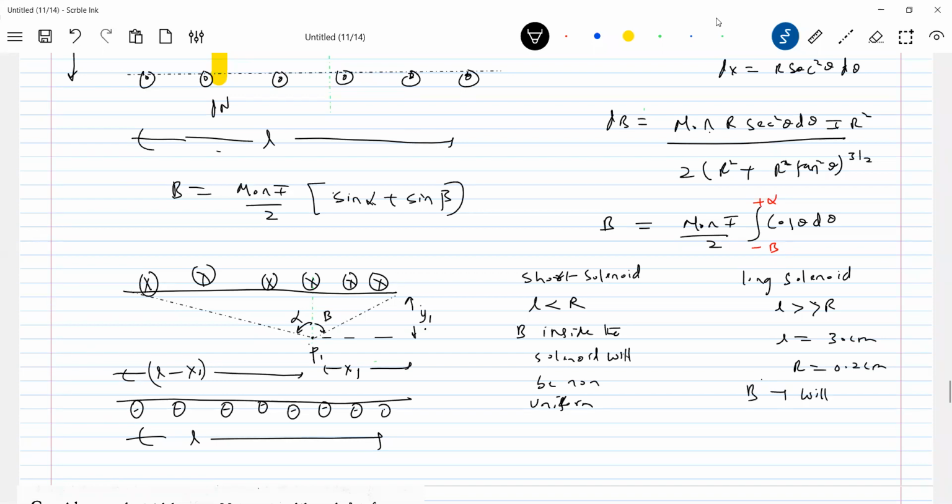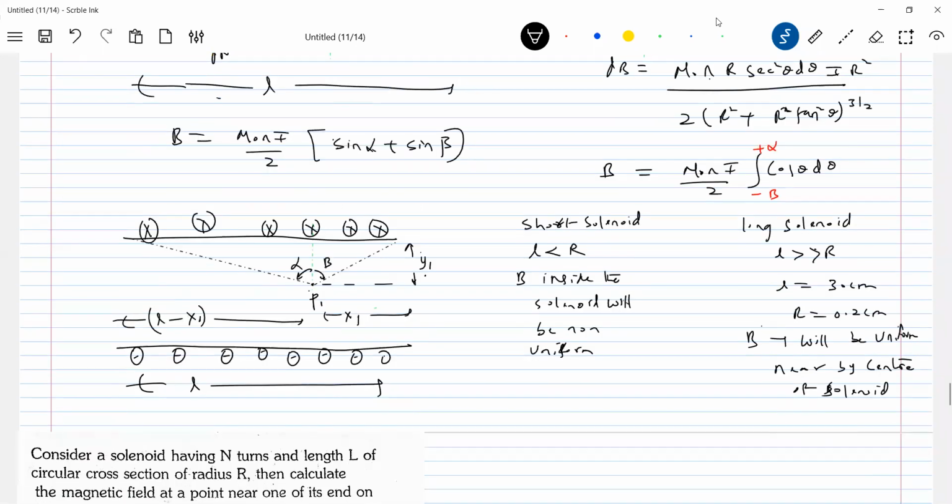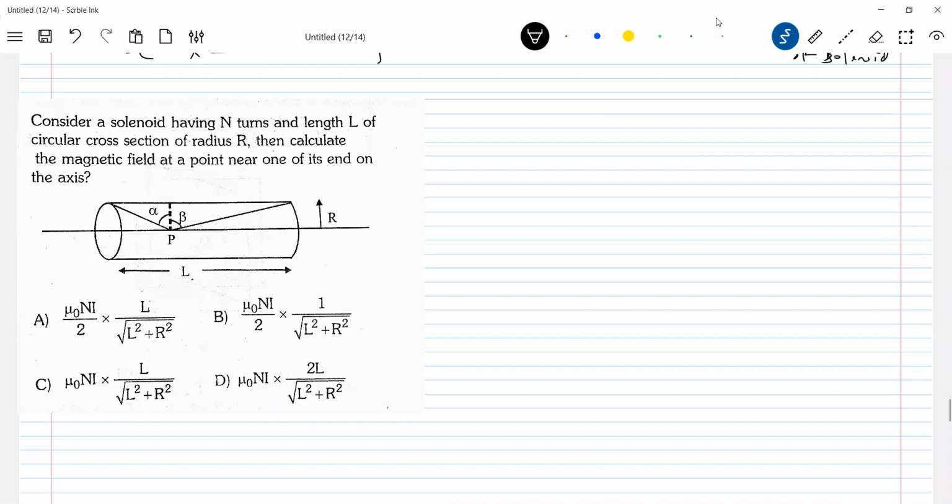B will be uniform nearby the center of the solenoid. So the long solenoid is what I'm interested in, and we have to show this field.